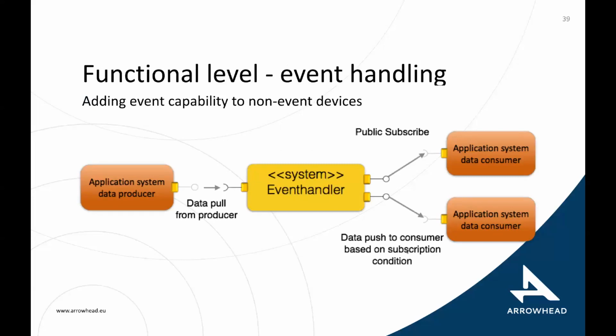There also might be situations where we have very simple producers of data, which might be a very tiny system, but there are quite many that need that information. So we need a way of offloading low resource data producers.